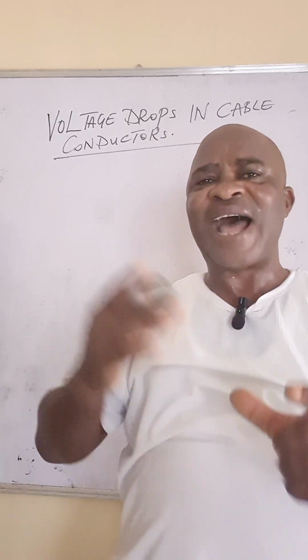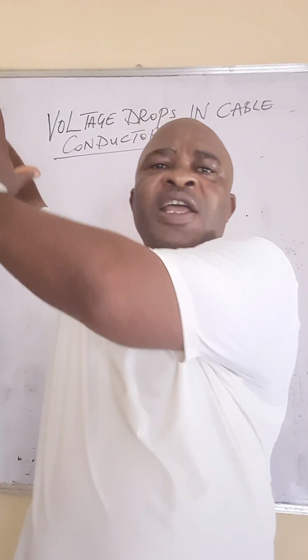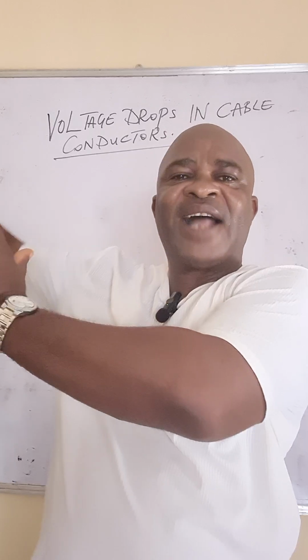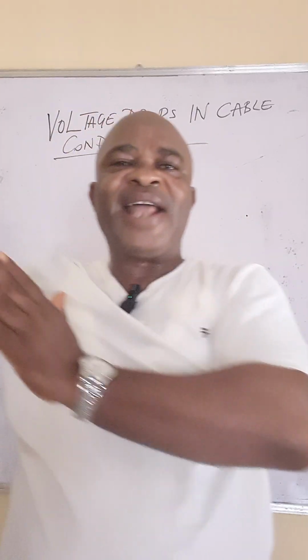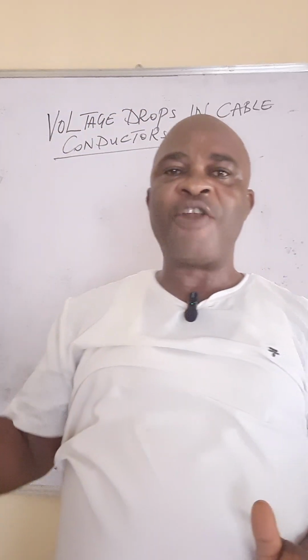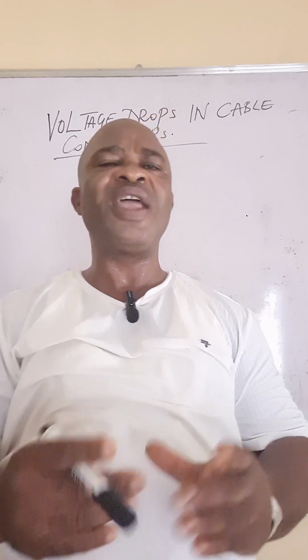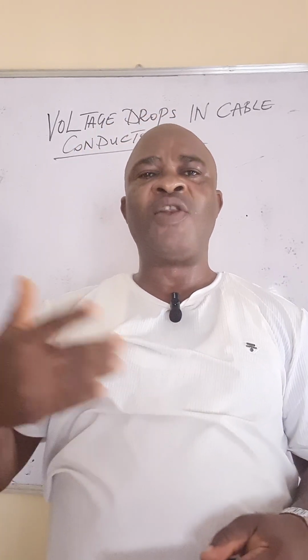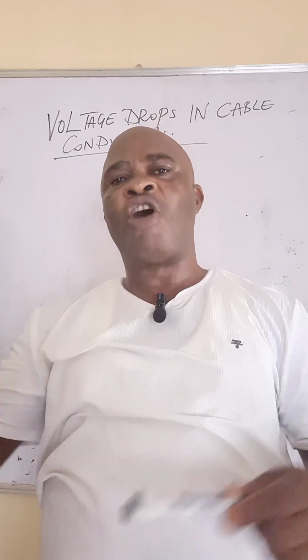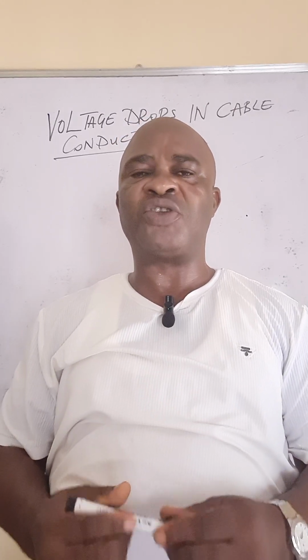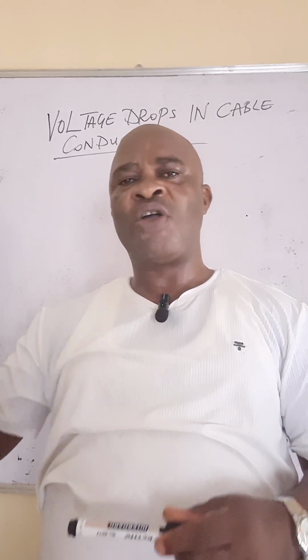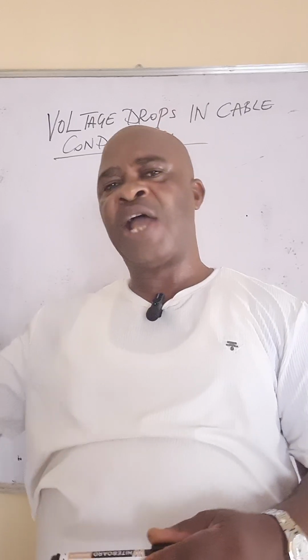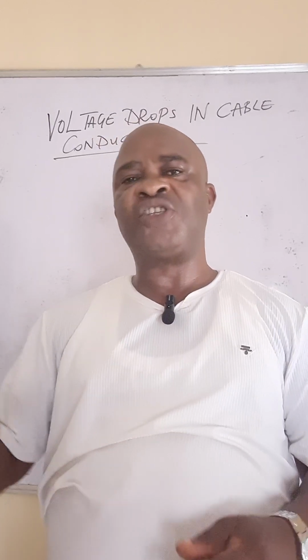But as you travel along the conductor, people at the other end are probably not receiving a very good supply. They might be encountering low voltage because of long distance transmission.